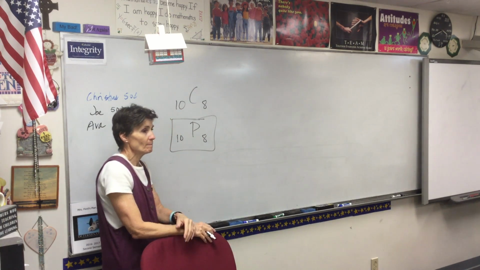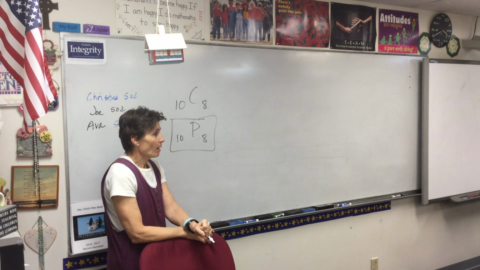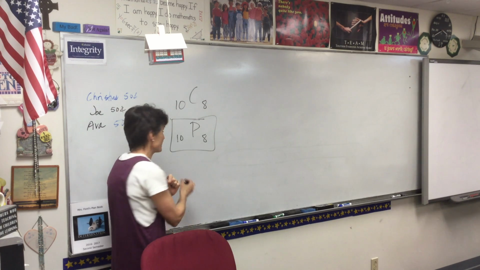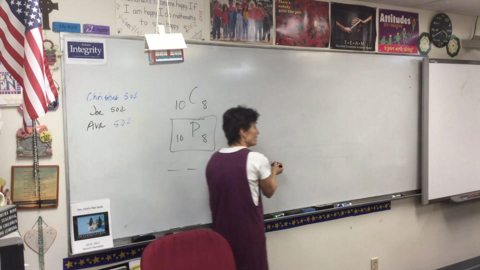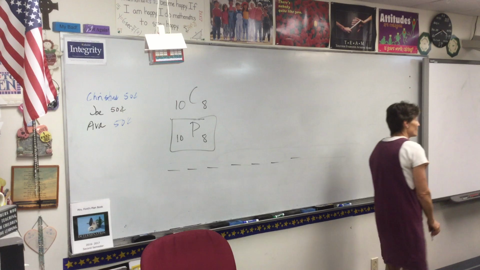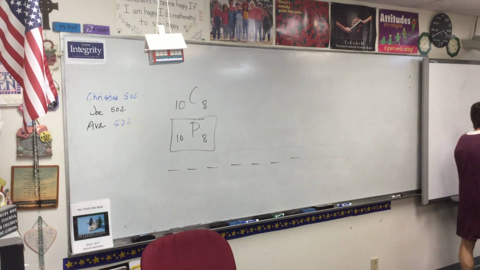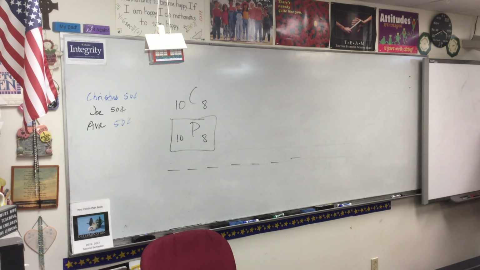This is a P problem. Why is it a P problem? Because we are seating people in a row of chairs. And when you seat them in a row of chairs, it is different if Chloe's sitting there and Taylor's sitting there, or vice versa.